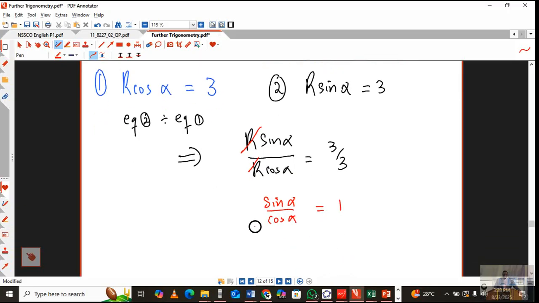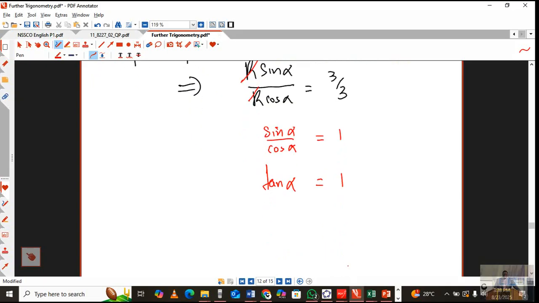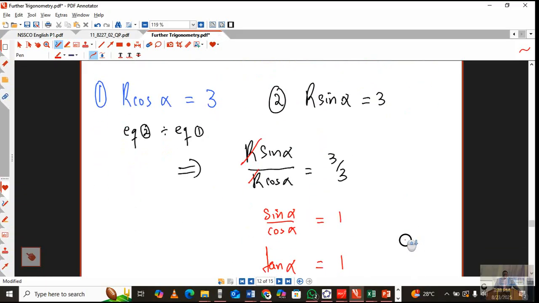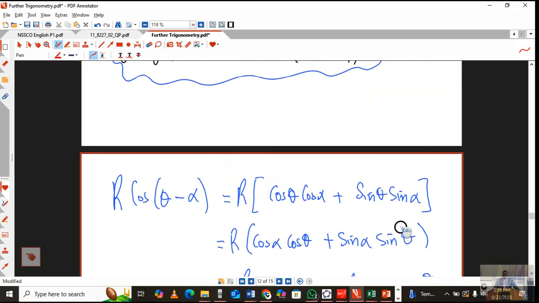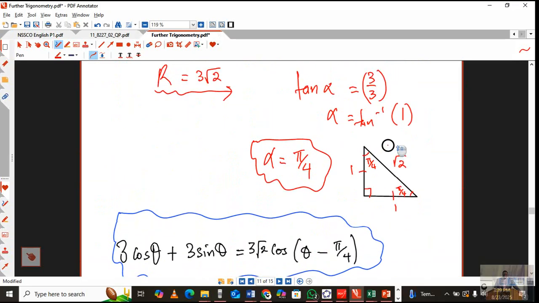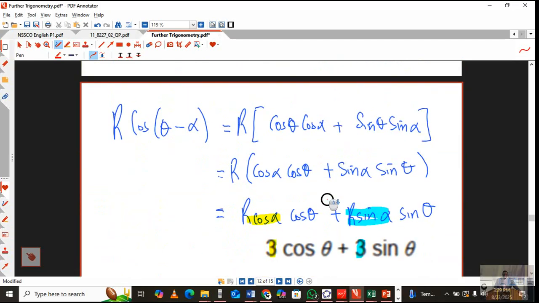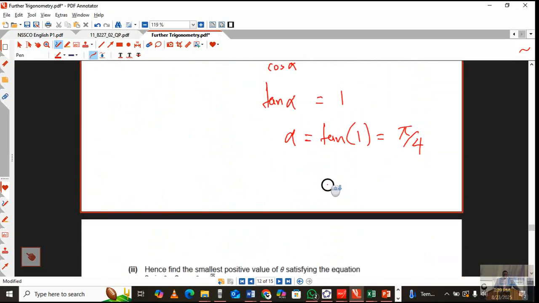Sine alpha over cos alpha is nothing but tan alpha from your trig identities that you should know. At the end of the day, alpha will be the inverse tangent of 1, which we have determined from our answer before.